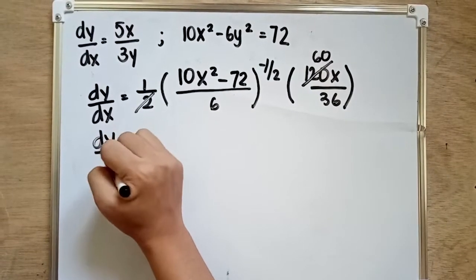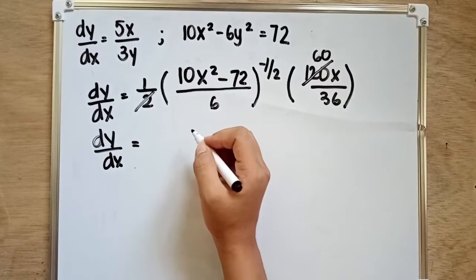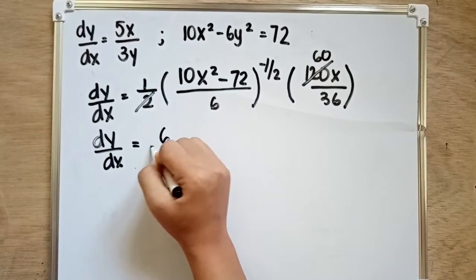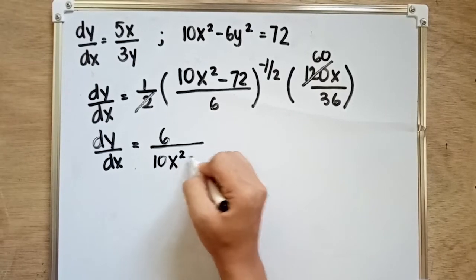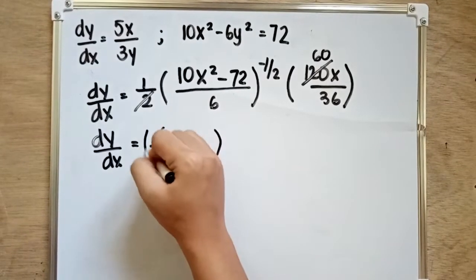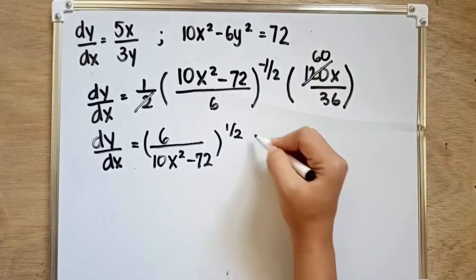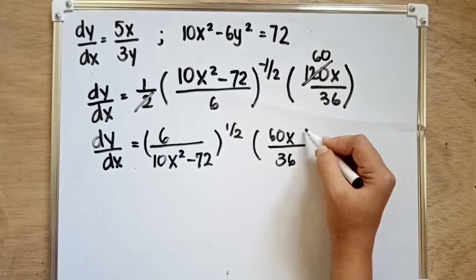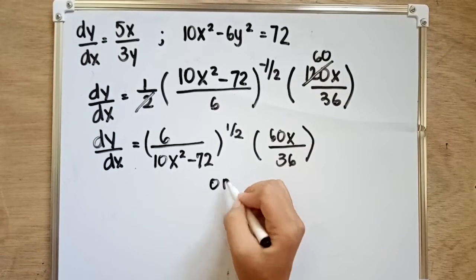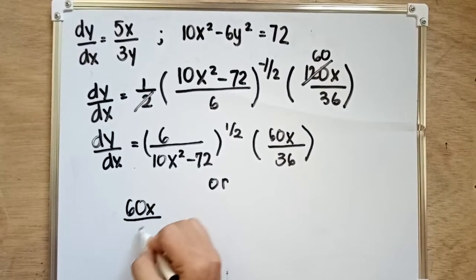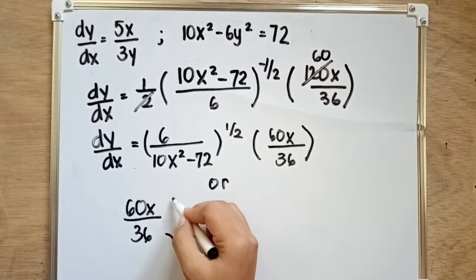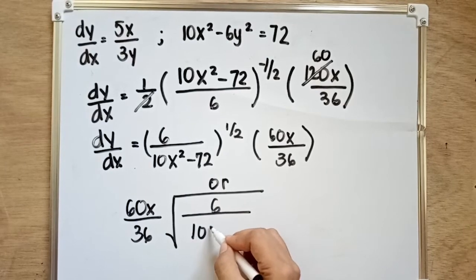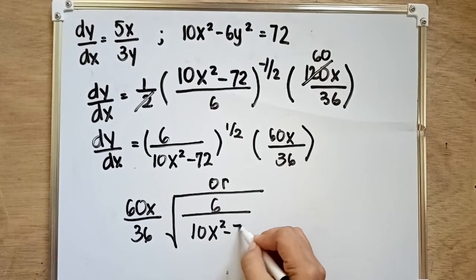Dy over dx is equal to, pwede natin silang pagpalitin para makakuha tayo ng power na 1/2, 6 over 10x squared minus 72 raised to 1/2 times 60x over 36, or 60x over 36 times the square root of 6 over 10x squared minus 72.